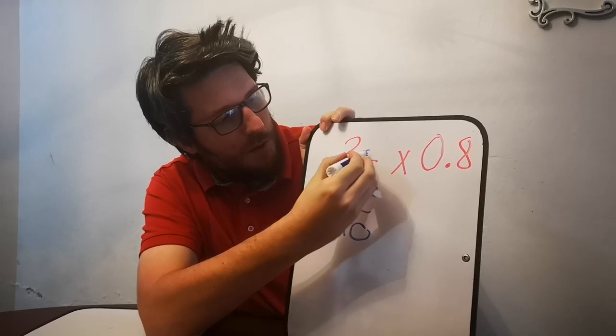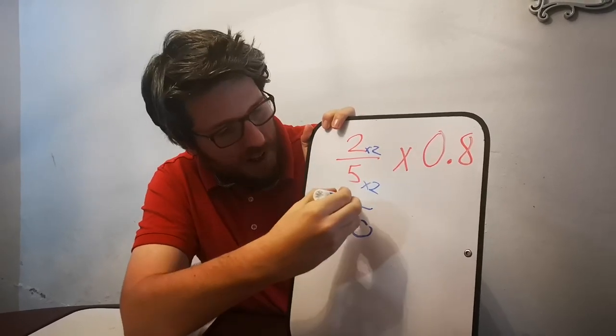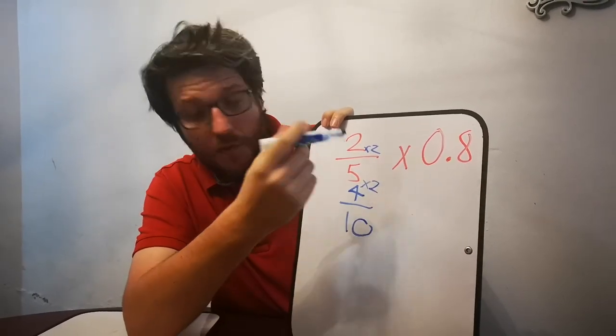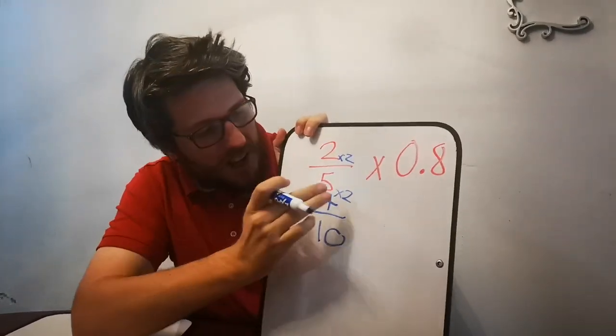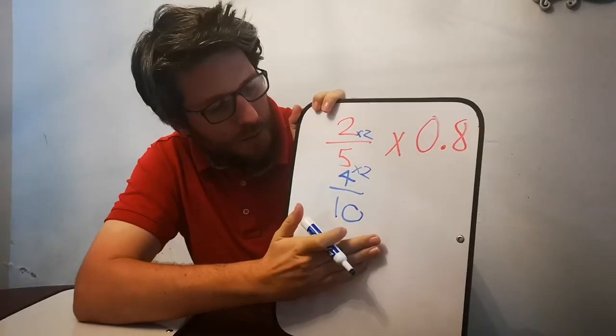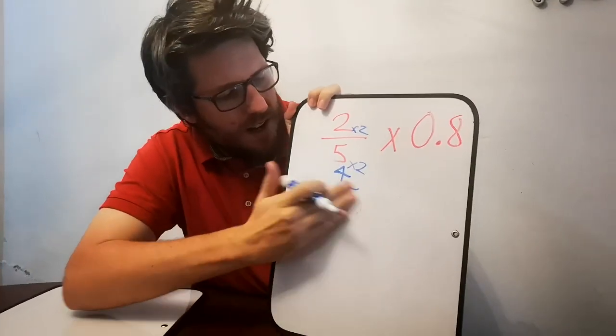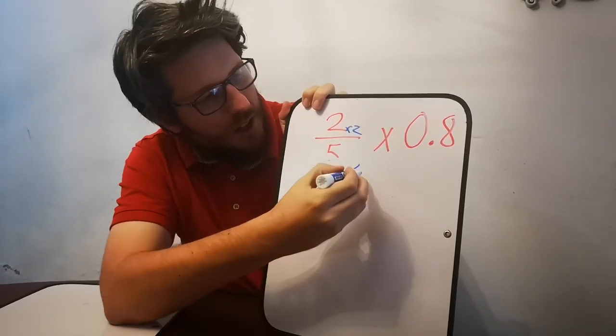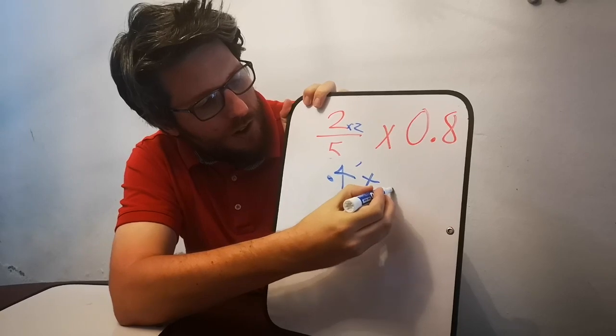And then I'd have to multiply 2 times 2, which would give me 4. And I would say, 2/5 is 4/10. And 4/10, remember, when we have to convert a fraction into a decimal, 4 out of 10 would be 0.4.